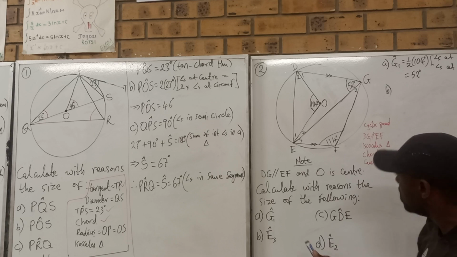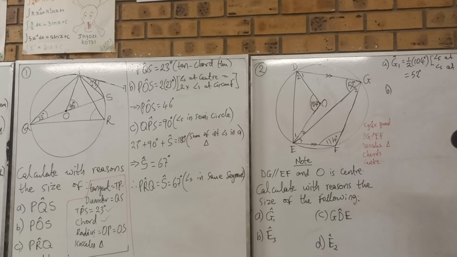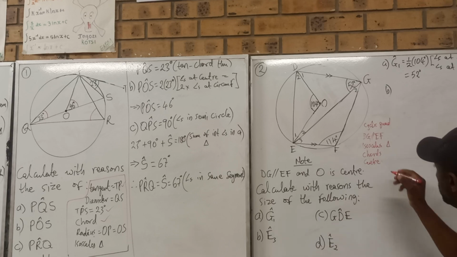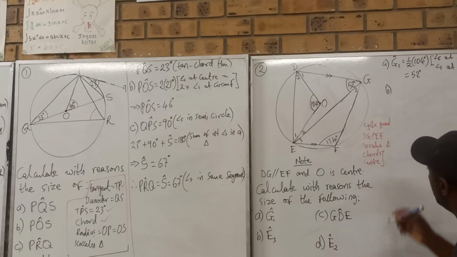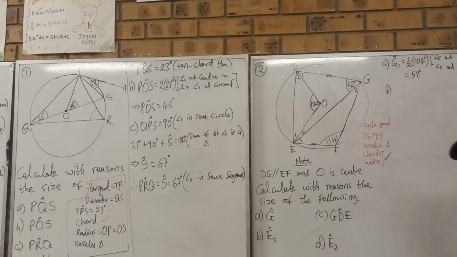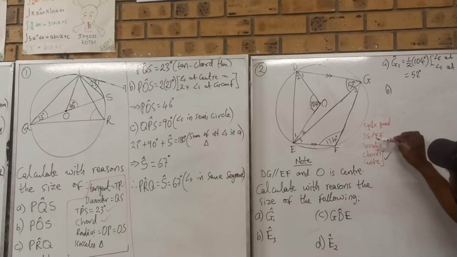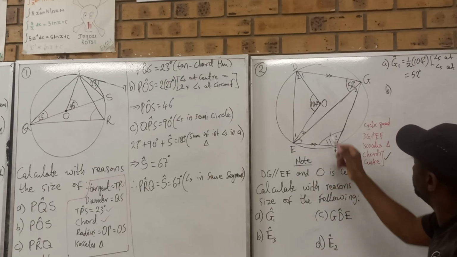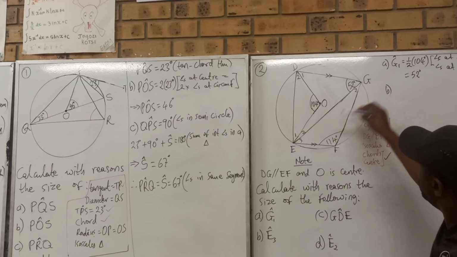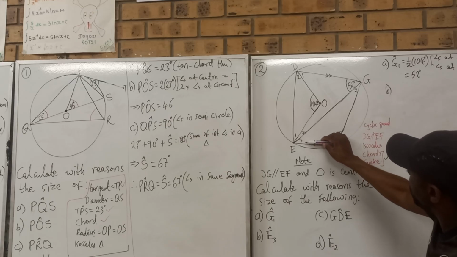The next says we need E3. How did I get G1? I made use of the chord and the angle at the center. So to get to E3, I should now be targeting either isosceles triangle, parallel lines, or cyclic quad. With parallel lines, we saw that EF is parallel to DG, and E3 is part of the parallel lines.